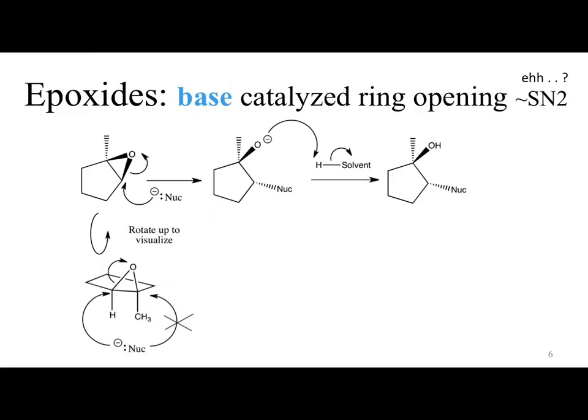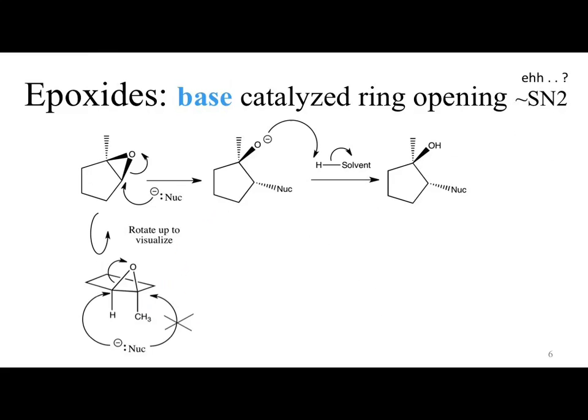If we look at a slightly different view, we can rotate our initial structure so that we can see our epoxide being above, or wedged above, the ring. Our nucleophile needs to come in and attack at the exact same time as our leaving group leaves.